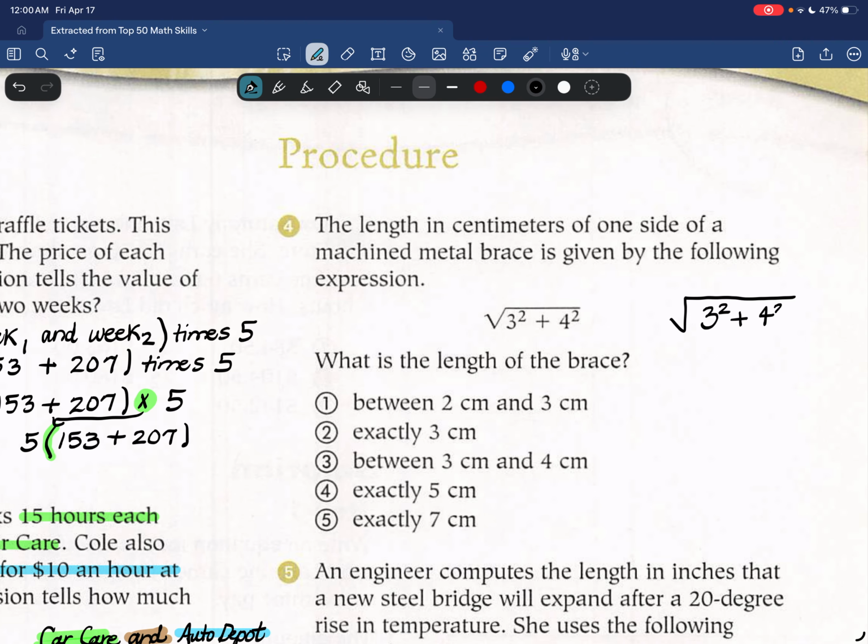The first thing we need to do is our exponents. 3 to the second power, that's 3 times 3, which is 9. So 3 to the second power is 9. 4 to the second power, that's 4 times 4, and that is 16.